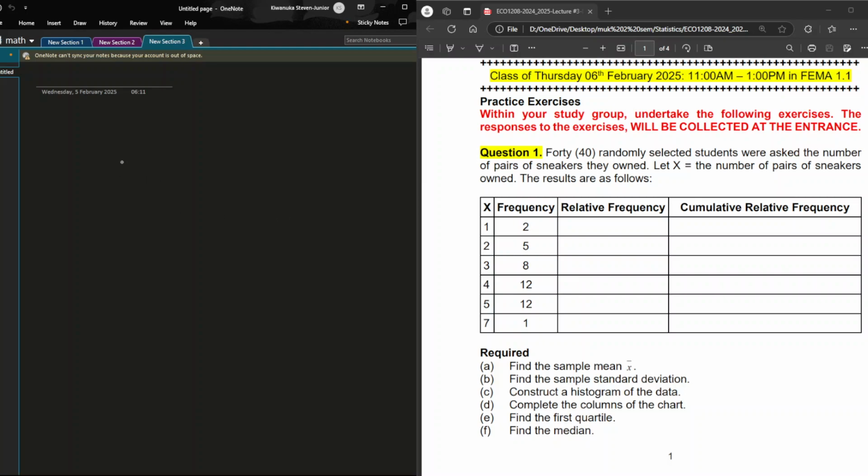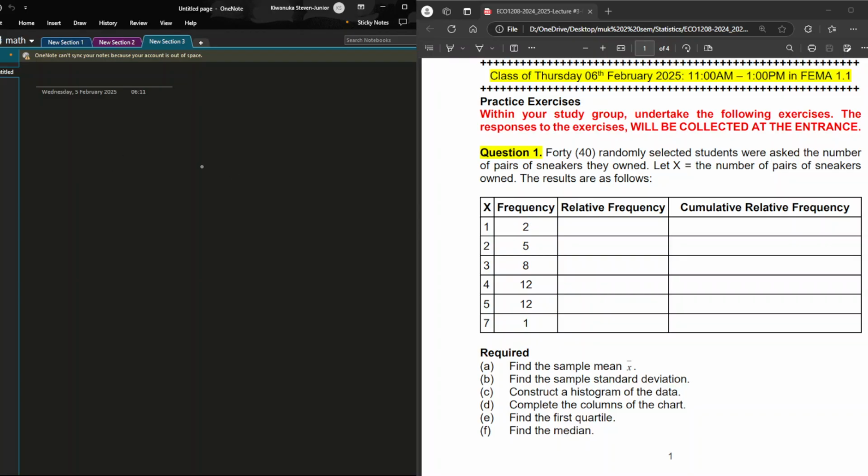Why is that important? It is essential to know that the formulas for grouped and ungrouped data differ. You might get roughly the same answers, but if you apply the wrong formula, it will definitely lead to the wrong answer.